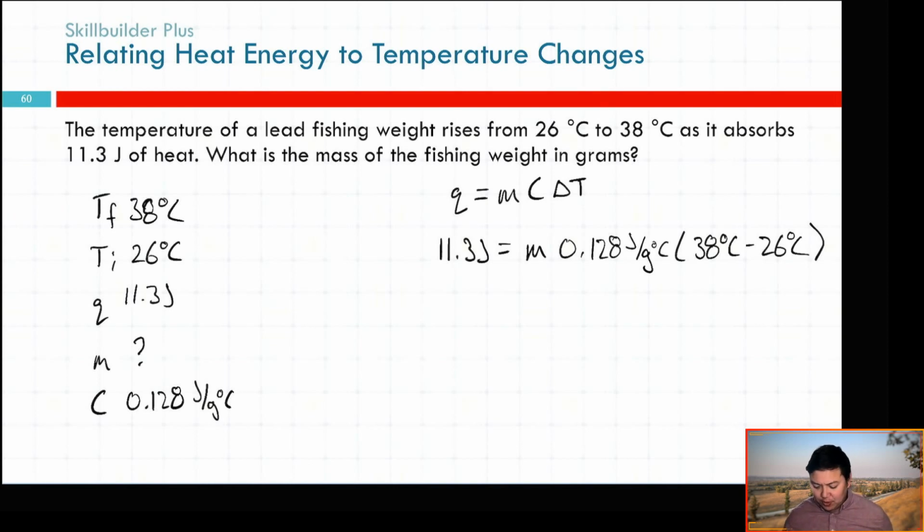Final minus initial is a thing that comes up a lot in chemistry. So let's solve this as far as we can. Right, so 38 minus 26, easy enough, that's 12. Now we can multiply that by 0.128.